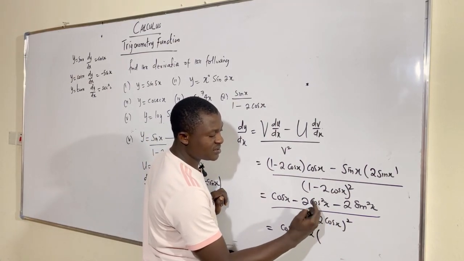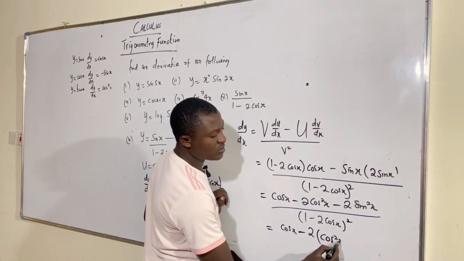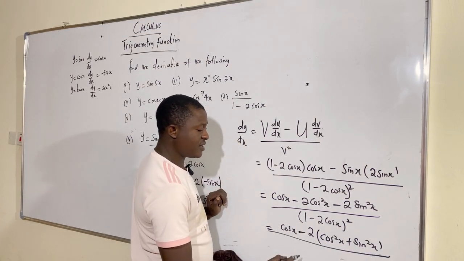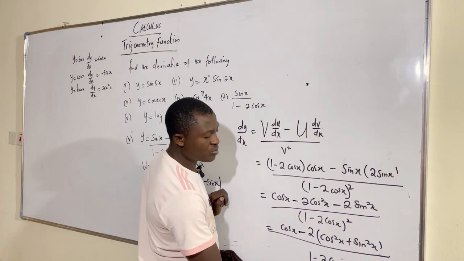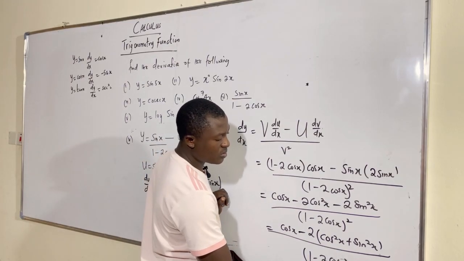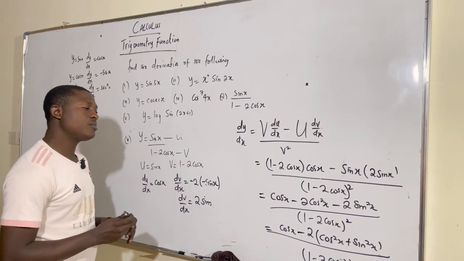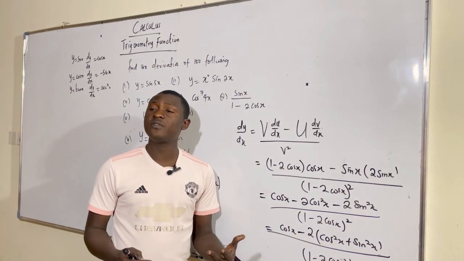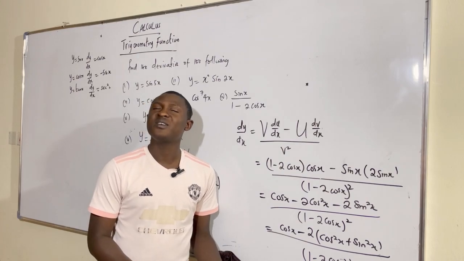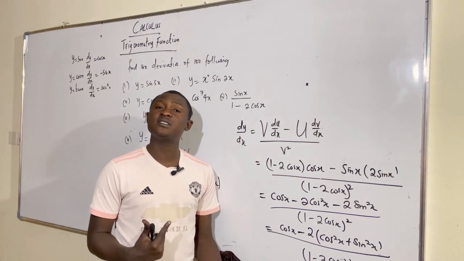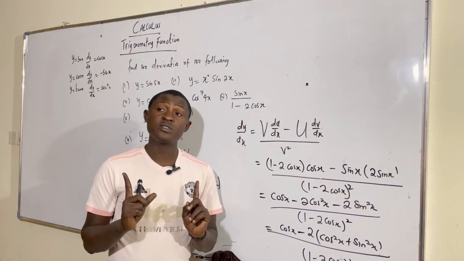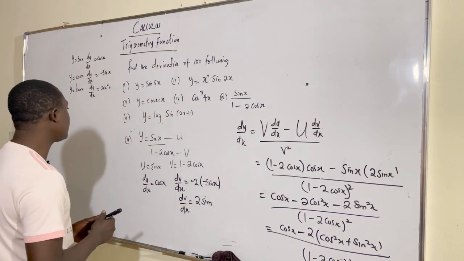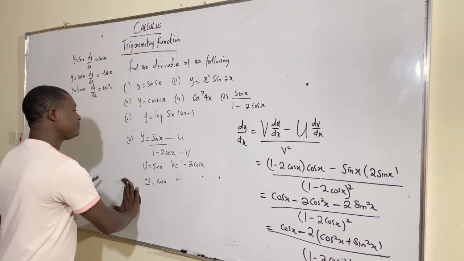So if I do that, what we have left here is cos square x plus sine square x all divided by 1 minus 2 cos x all squared. Now cos square x plus sine square x is the same thing as sine square x plus cos square x. And remember, from the identity, sine square x plus cos square x is nothing but what? 1.